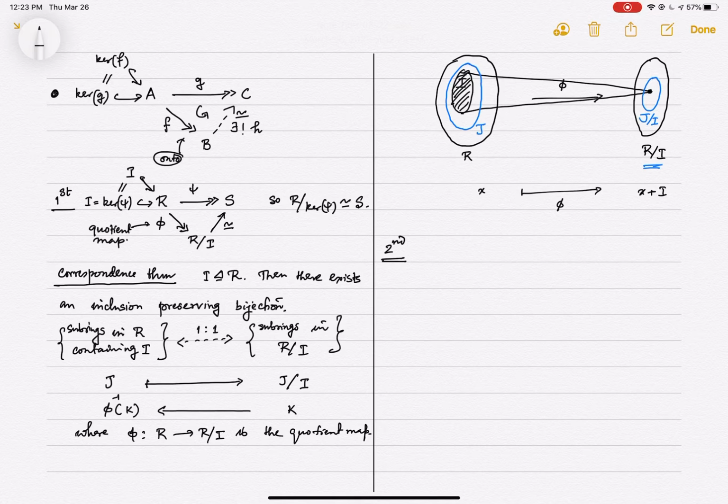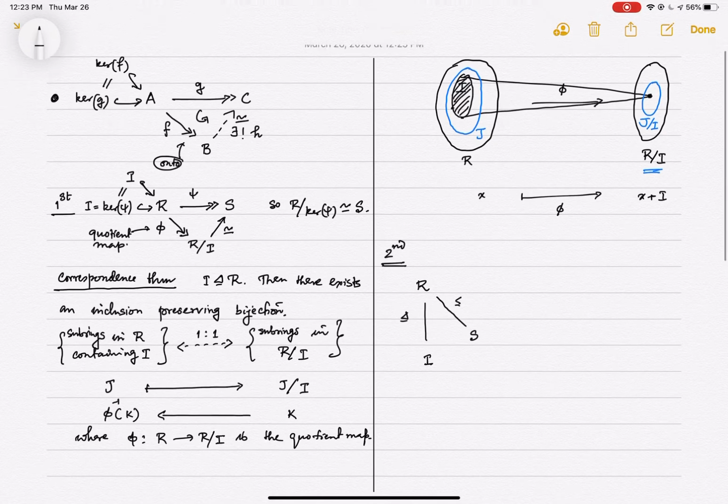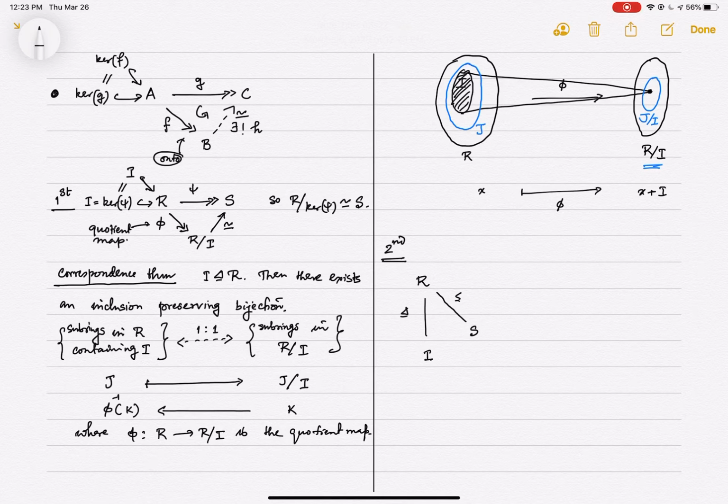And the setup for that is you have a ring, you have an ideal, and you have some subring. Just a subring. Then you could consider, or maybe I call the ideal J for some reason.